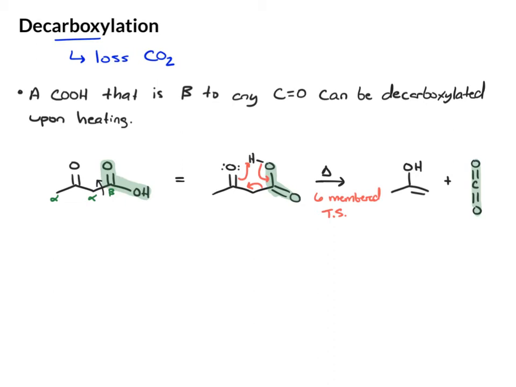And the enol, you already know a good bit about enols. So what this will do is tautomerize to give you the ketone. So effectively what's happened here is we've kept everything from the starting material except the carboxylic acid.